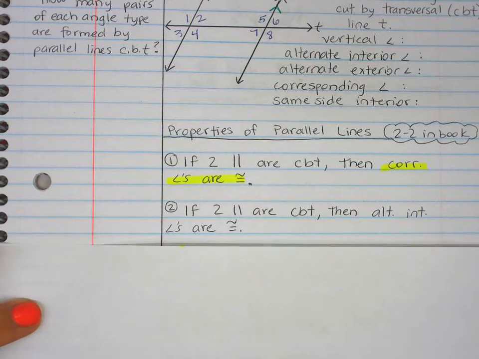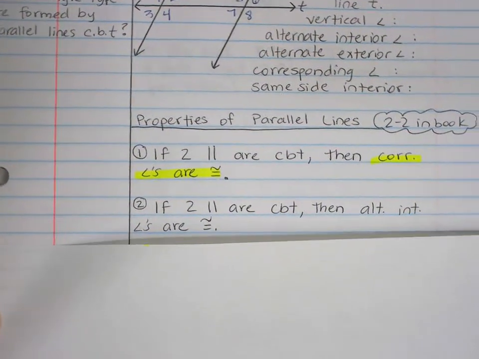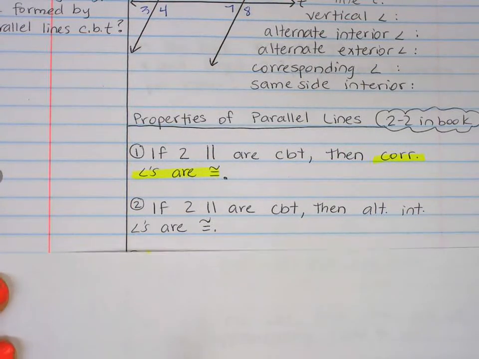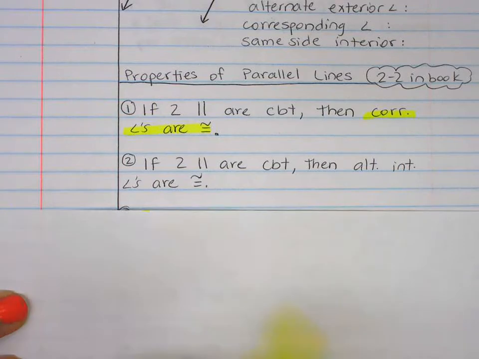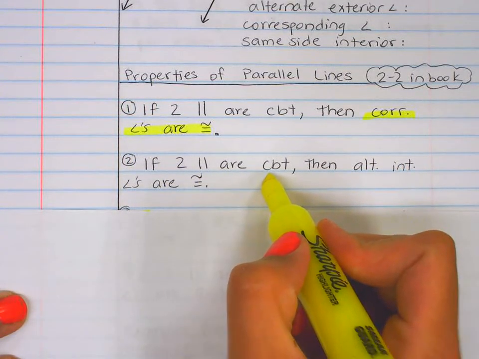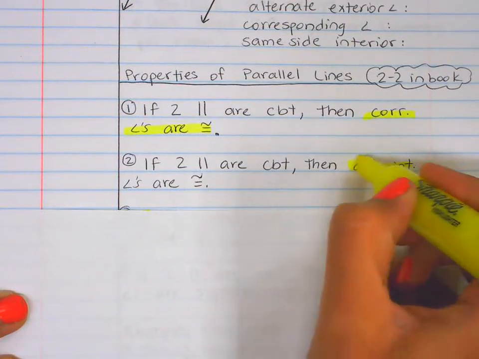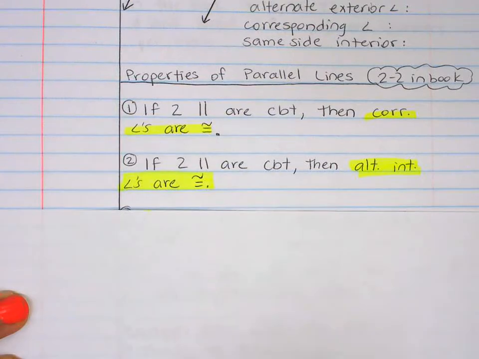Again, pause whenever you need to. I'll zoom in a little bit more. Again, this is how you would read it to me, so make sure you know what everything stands for. So for number 2, it says if two parallel lines are cut by transversal, then alternate interior angles are congruent.